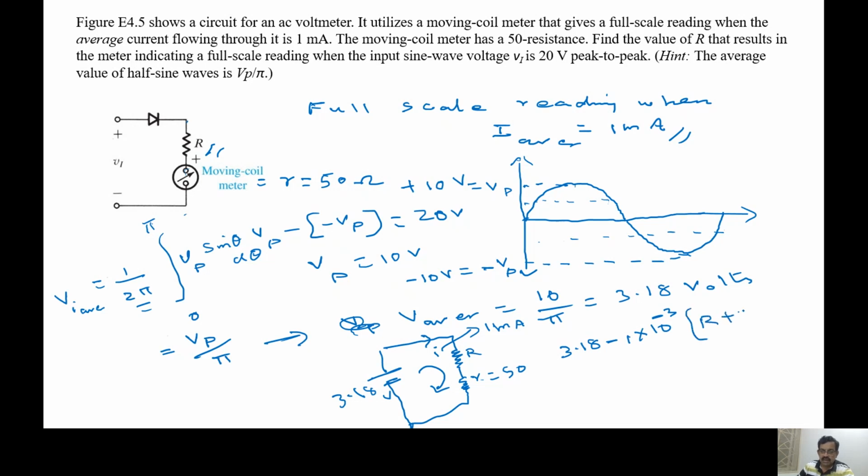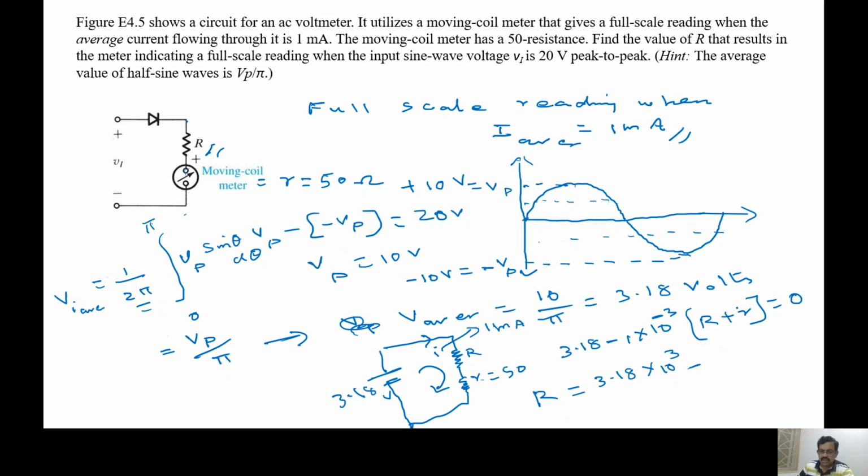You will get capital R equivalent to 3.18 into 10 power 3, because when the 10 power minus 3 goes to the other side, it goes from the denominator to the numerator, and it becomes 10 power 3 ohms.